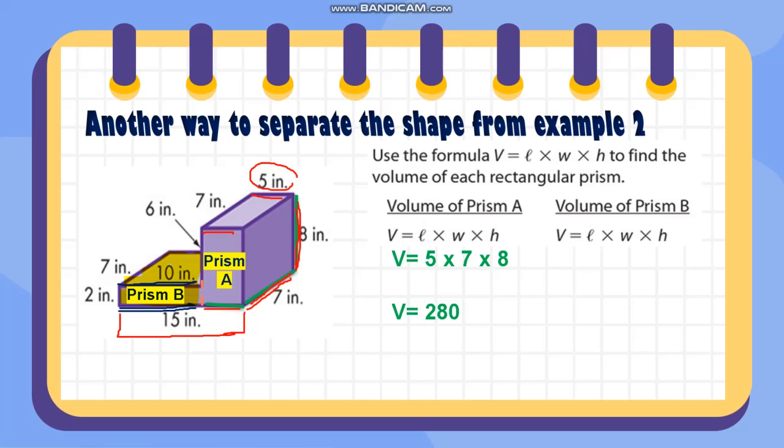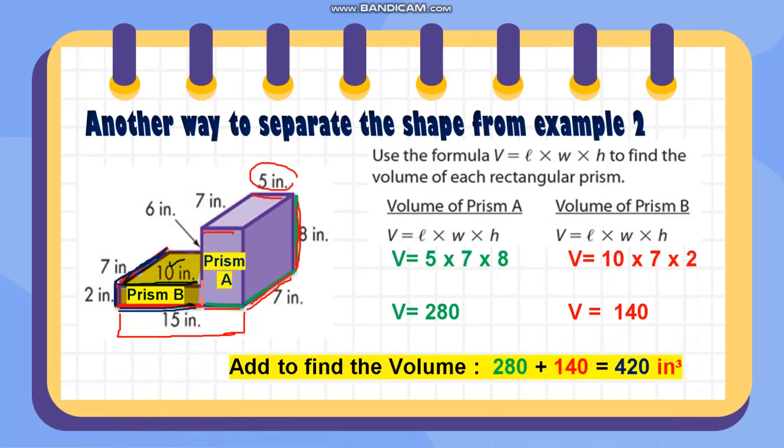Okay, so that is equivalent to 10 inches. And where is your width? Your width is this, which is equivalent to 7 inches. And your height is this, which is equivalent to 2. So when we multiply the length, the width, and the height, that is 10 multiplied by 7 multiplied by 2. And that is equivalent to 140.